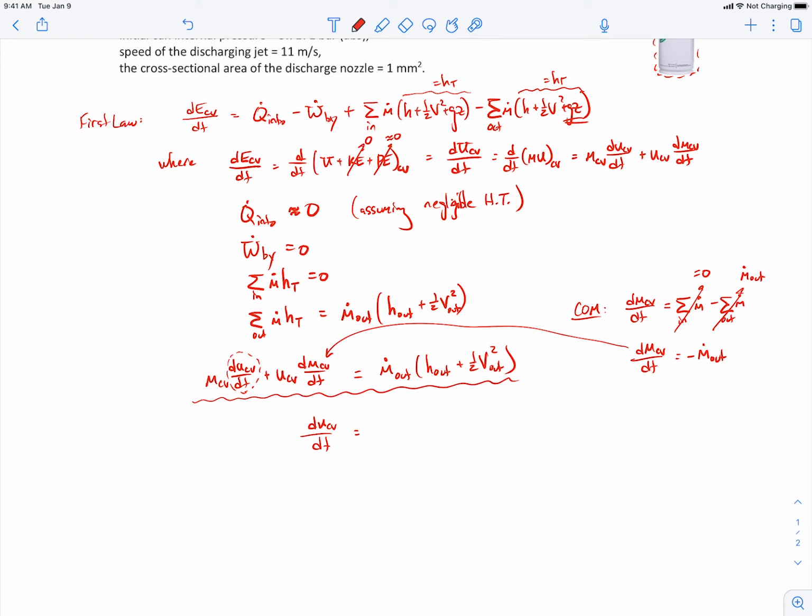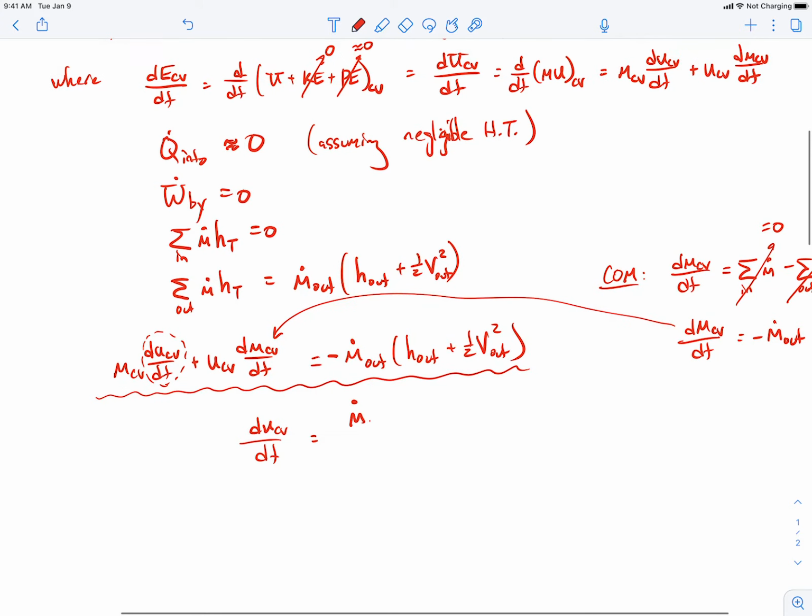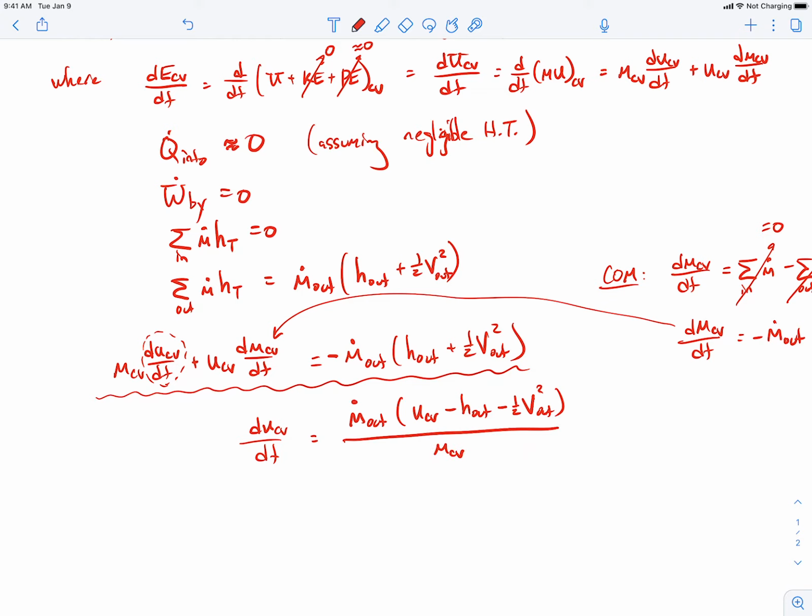So we're going to have m dot out. Oh, and by the way, I just realized I forgot a negative sign. There's a negative sign right here, and that negative sign should go right there. I apologize for dropping that, but just make a note of it. Okay, so we have m dot out times U CV minus H out minus 1/2 V squared out, all divided by the mass in the control volume.